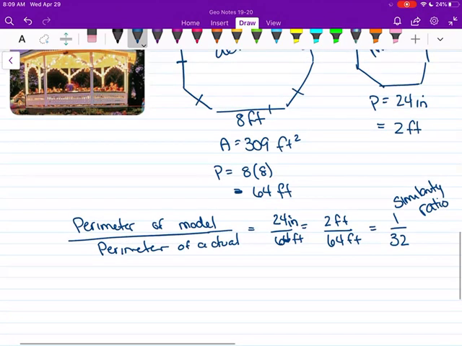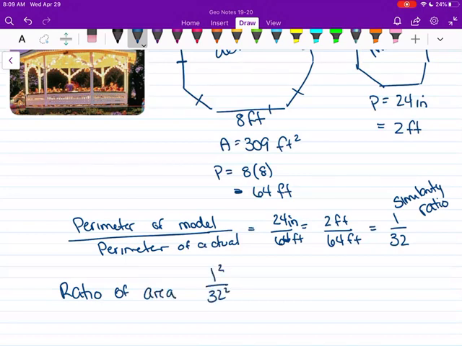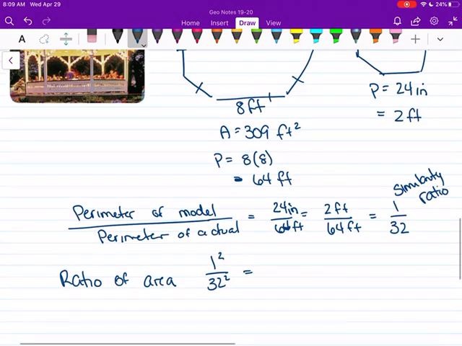Okay, so then if I want the ratio of areas, I'm going to have 1 squared over 32 squared, which is 1 over 1,024. Okay, so that's my ratio of areas from my model to my actual gazebo.